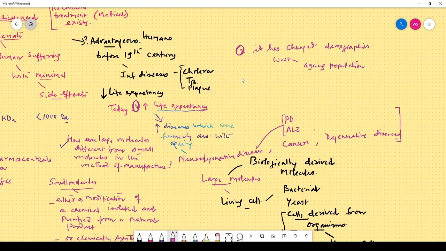Okay, then we have interventions in fertility. So we have lots of drugs, contraceptives, and so the childbearing age has changed from what was in before 19th century.